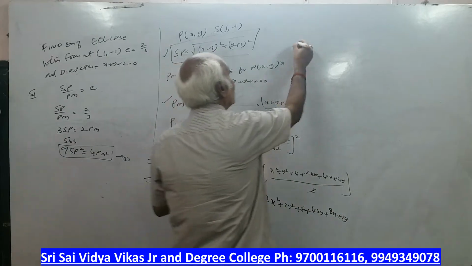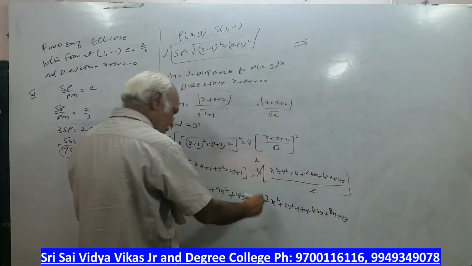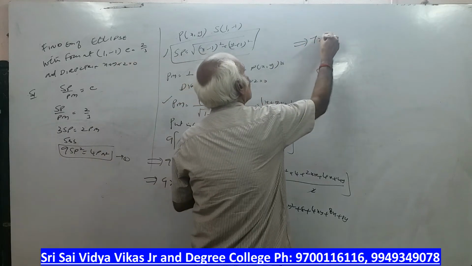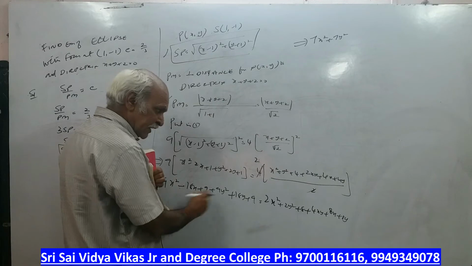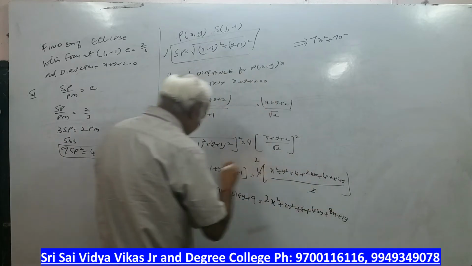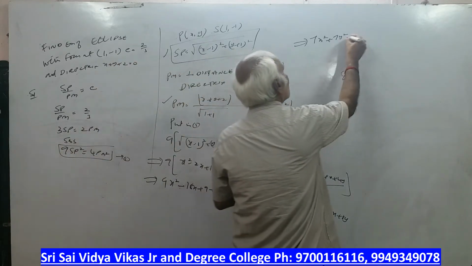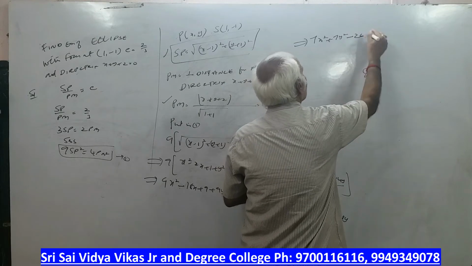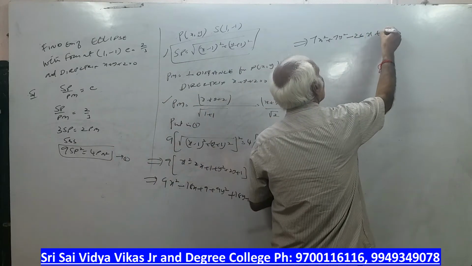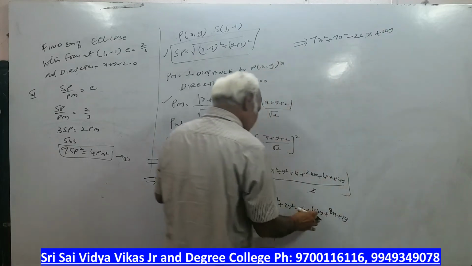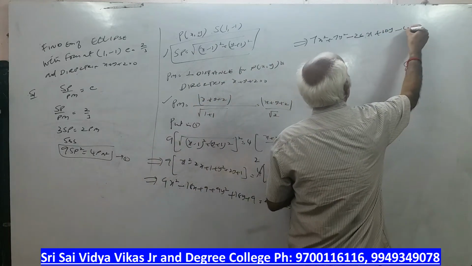Bring the terms to this side. 9x square minus 2x square is 7x square, plus 7y square, minus 18x, and minus 8x becomes minus 26x. Next, 8y brought here becomes minus, so plus 10y. Next, 4xy becomes minus 4xy.